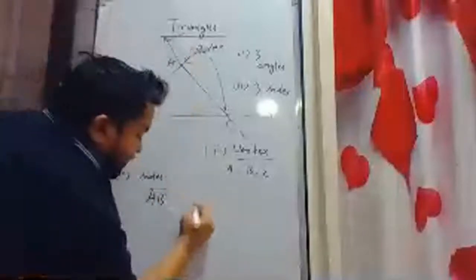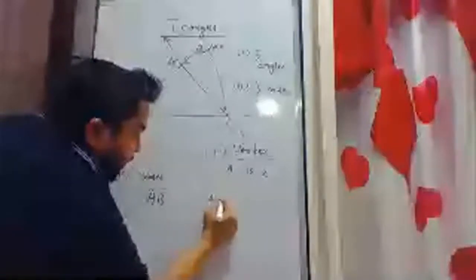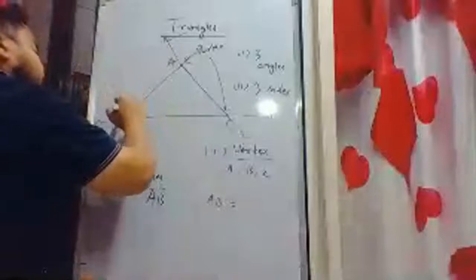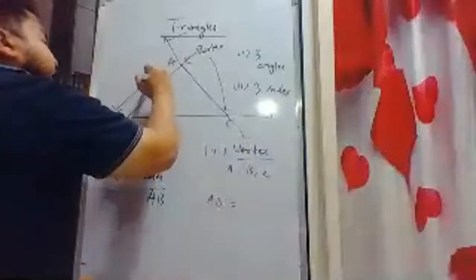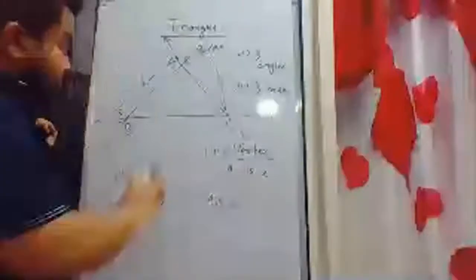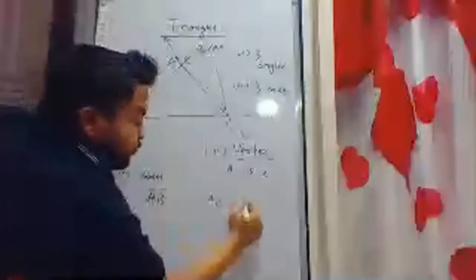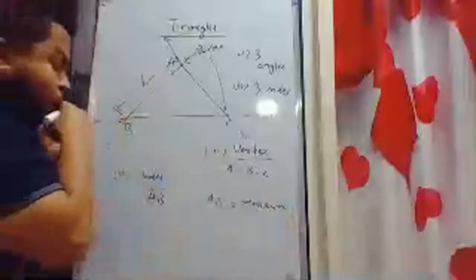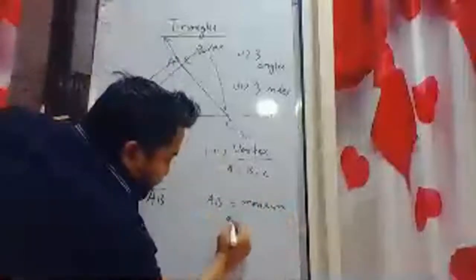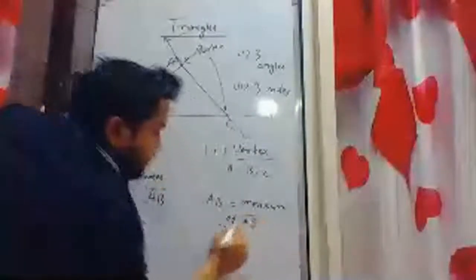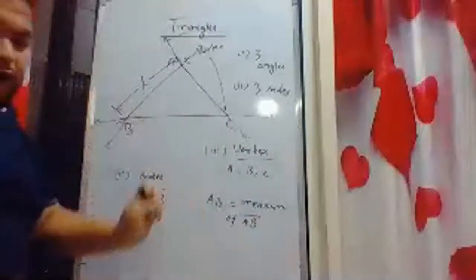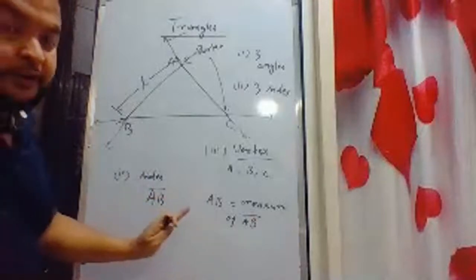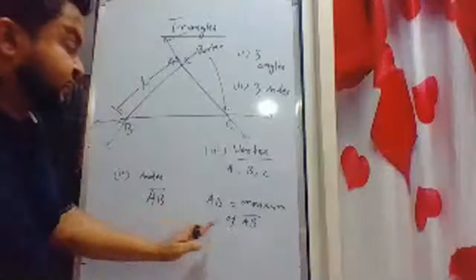But if we are not putting the bar, if it is just AB, this means the measurement or length of this side. Suppose the length is L units. So AB means the measurement or length of AB. A small notation difference, but yes, it makes a difference when you are trying to read and write mathematics in the right way.